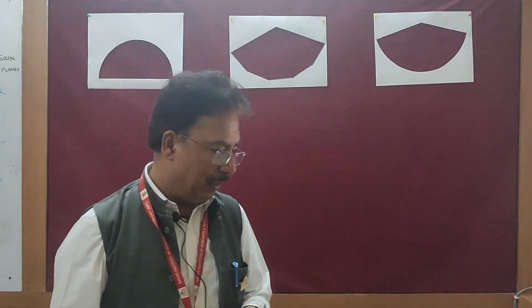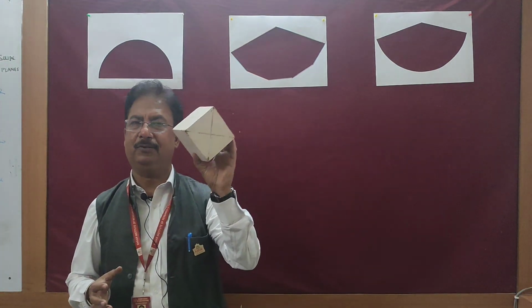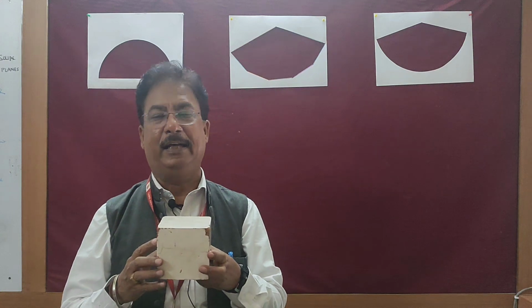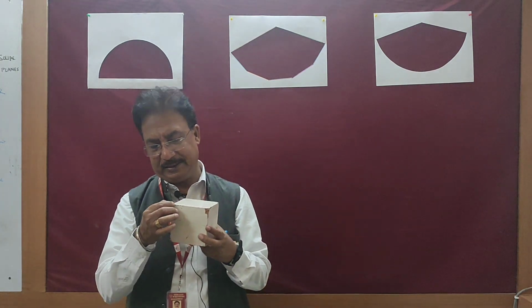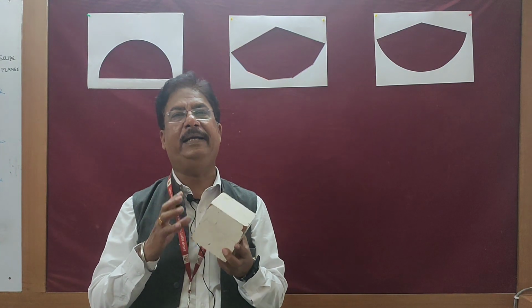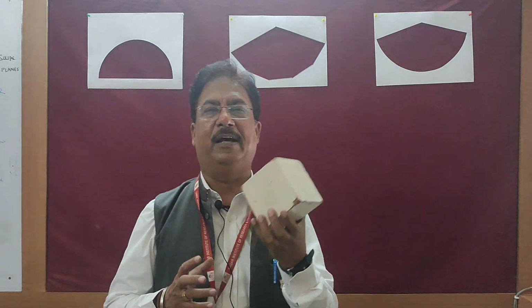The logic of the development will be, suppose there is a solid like a cube, and this cube is wrapped by a thin sheet of paper. If I cut that sheet from one of its edges, open it and lay it on a flat surface, the figure obtained will be the development of this cube.